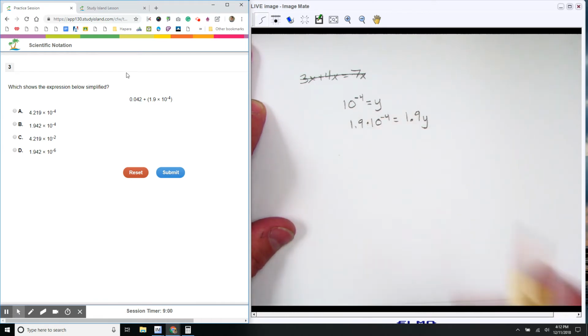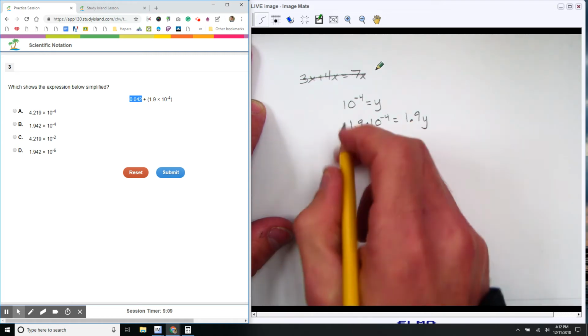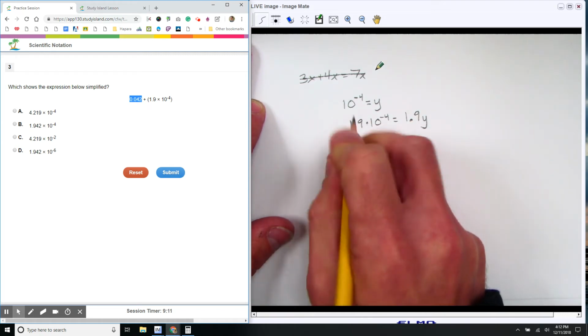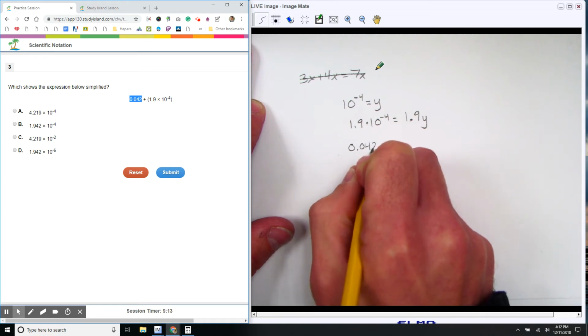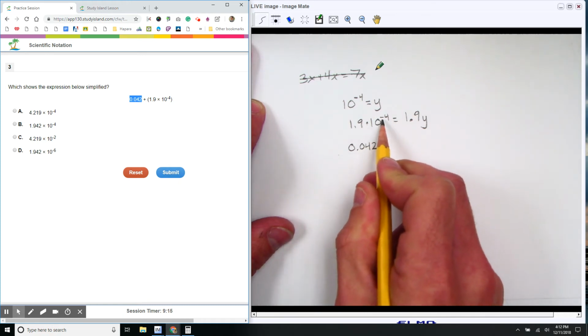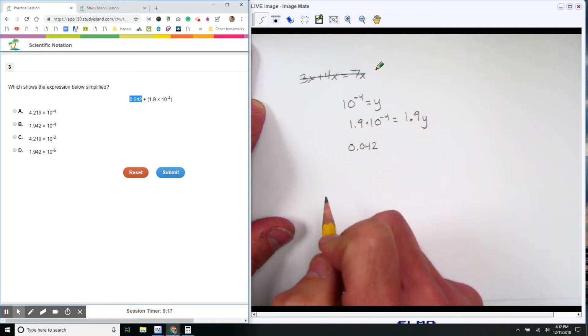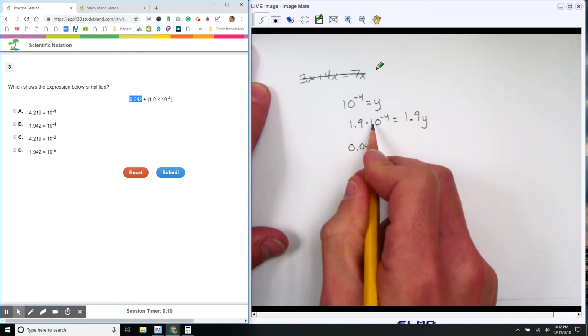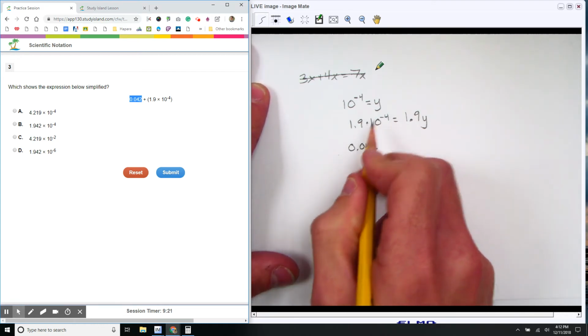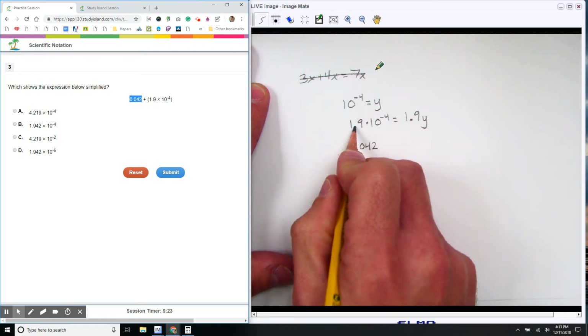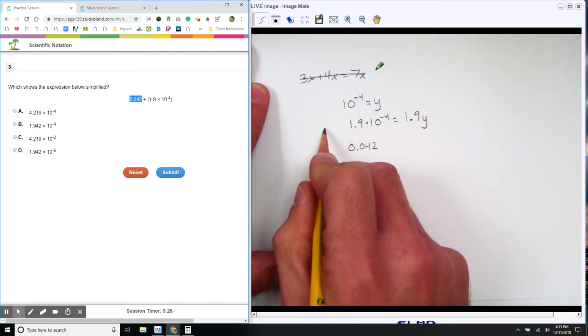Why is that important? Because if I can get this other number that I'm adding over here to be another 10 to the negative fourth power, I could get it to be another y. So how can I turn 0.042 into something where it's times 10 to the negative fourth power? Well, let's remind ourselves. If I want to say times 10 to the negative fourth power, that would be taking my decimal and moving it this way, 1, 2, 3, 4 spaces.